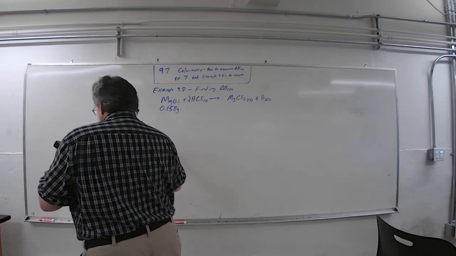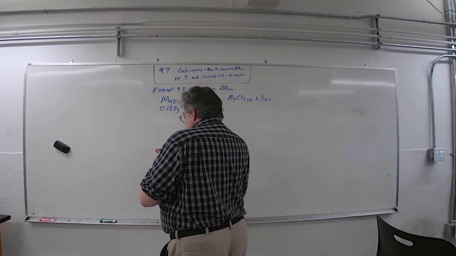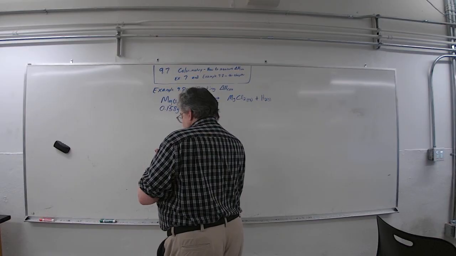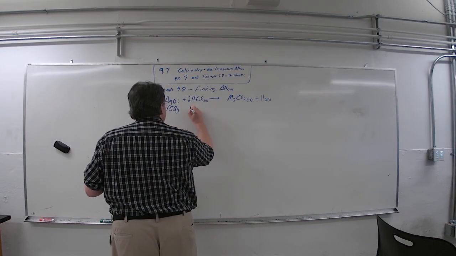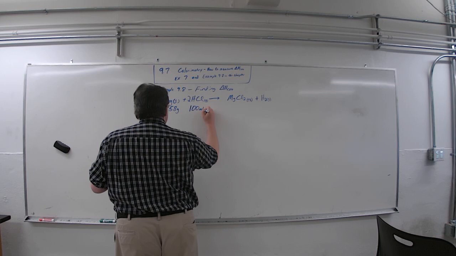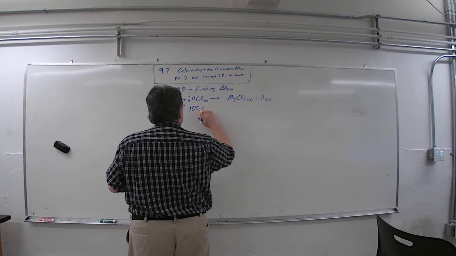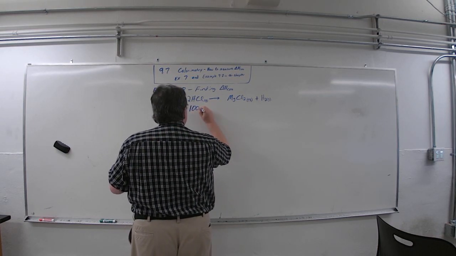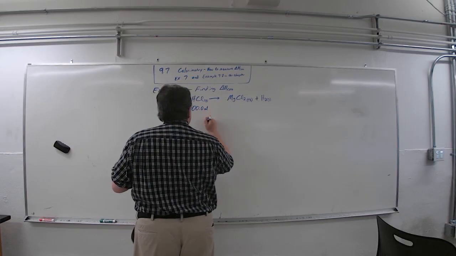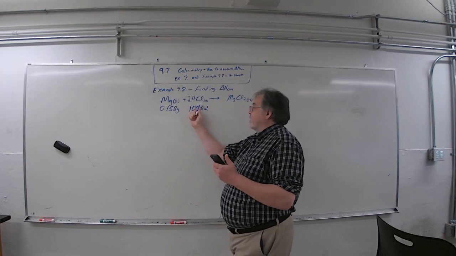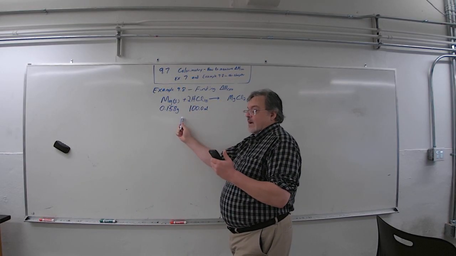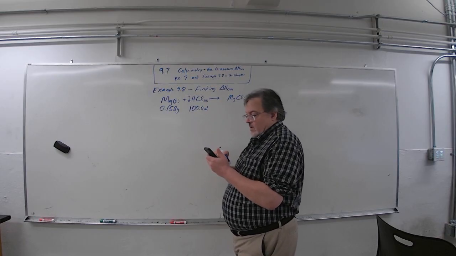Magnesium is put in. Other information you need. There's 100 milliliters. So you have 100 milliliters of the HCl solution and 0.158 grams of the magnesium.